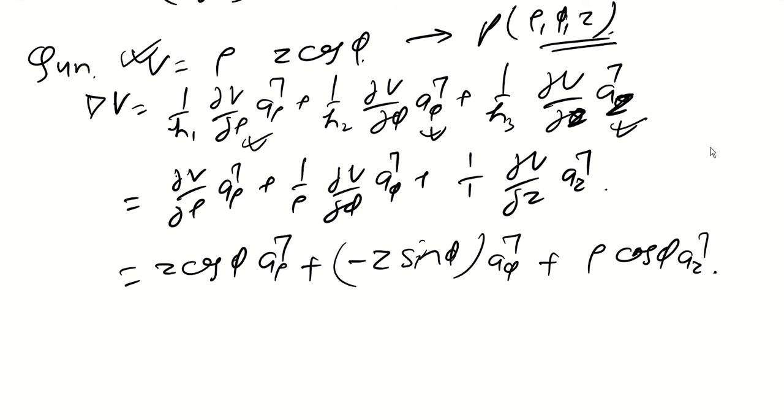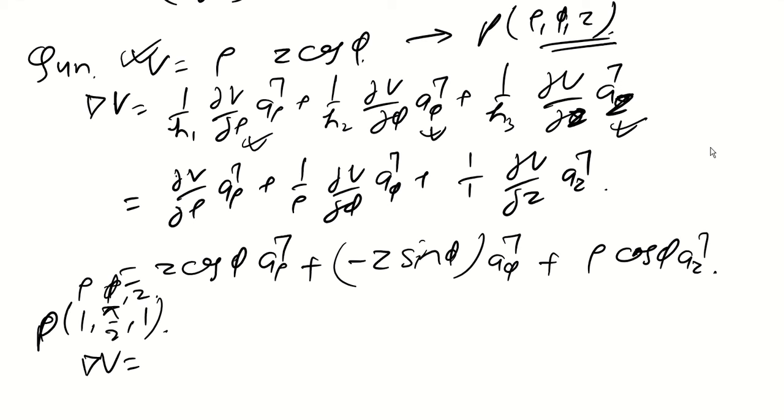Understood? Now suppose they ask to find this del v at point P equal to 1 comma pi by 2 comma 1. So del v at this particular point in cylindrical coordinates: we have rho is 1, phi is pi by 2 and z is 1, right? So we just put the rho, phi, z values and we will get the del v value at that particular point.